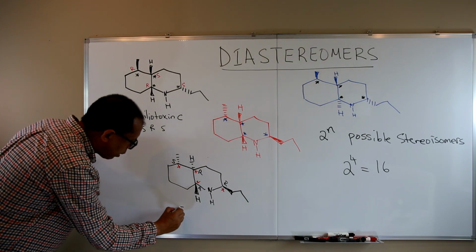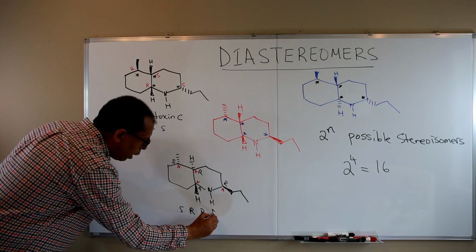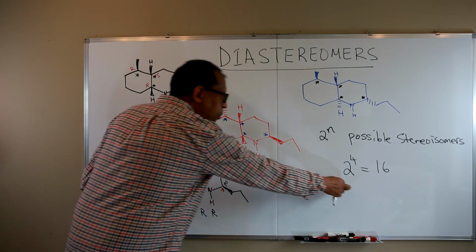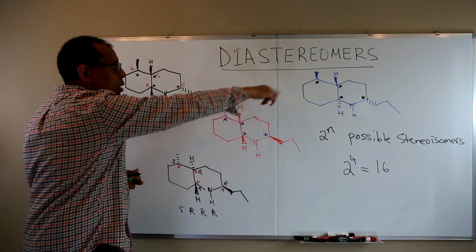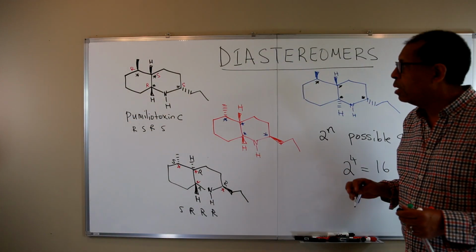Here you see it as S, R, R, R. So there are 16 possibilities, 16 structures that can be drawn as diastereomers.